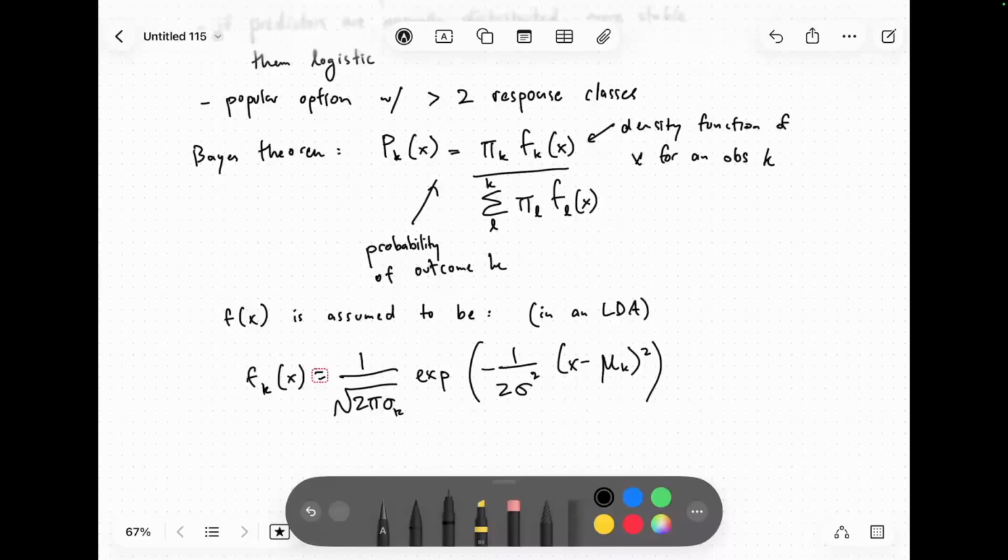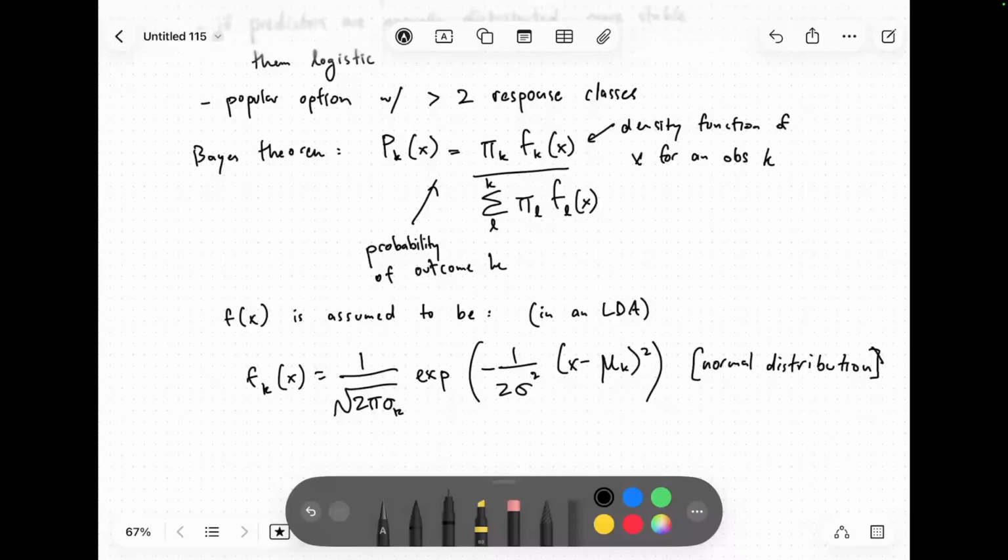Does anyone recognize this equation? Look like anything? Yeah, it's a normal distribution. So the basic idea is that your density functions are just assumed to be normal in an LDA. And if that's the case with the actual data, this model tends to predict better. Okay?